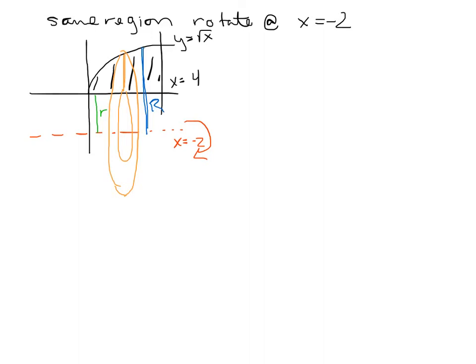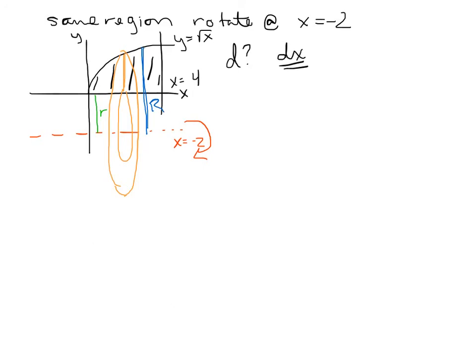And what are we going to integrate with respect to this time? So these discs are being added up over the x-axis. This is the x-axis right there. They're being added up over the x-axis, and so we want everything in terms of x.